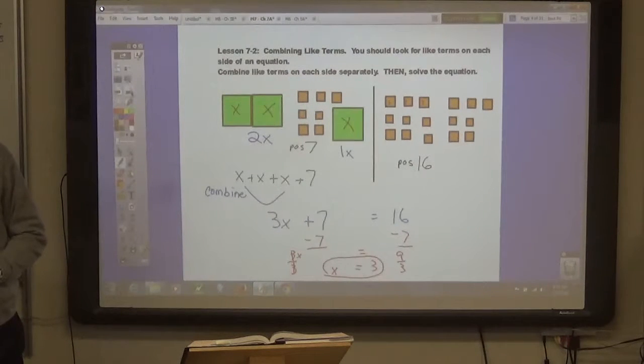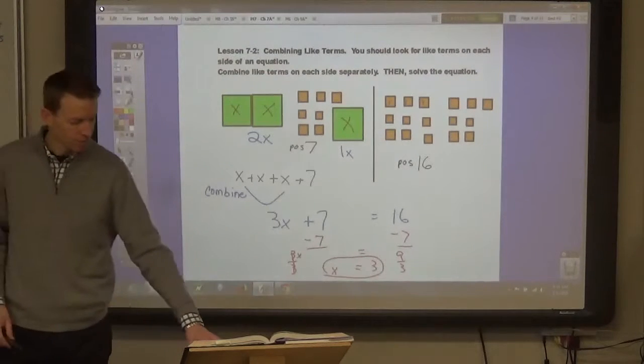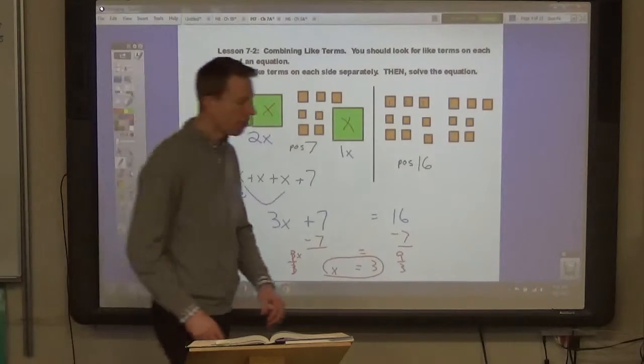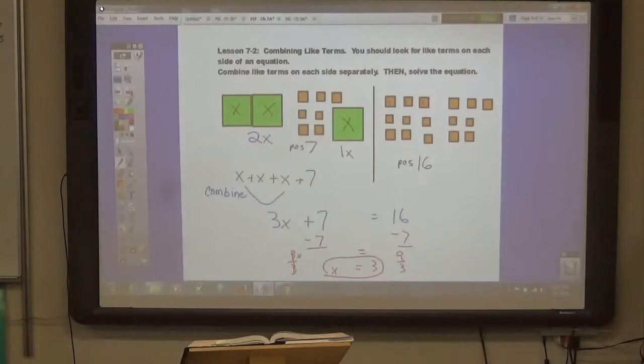Finish copying this. While you're finishing copying this, I'm going to give you your worksheets.